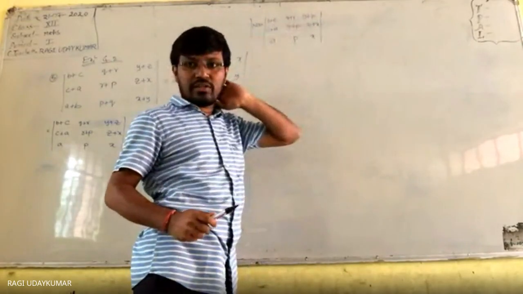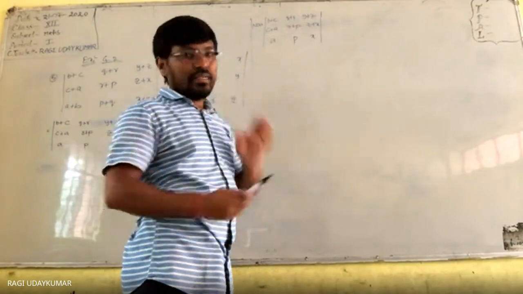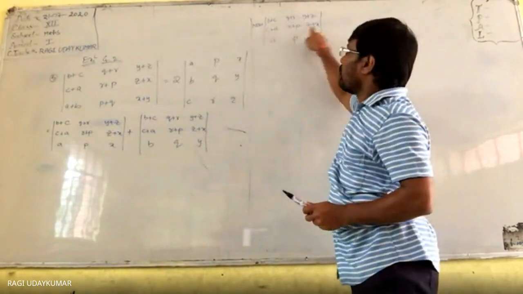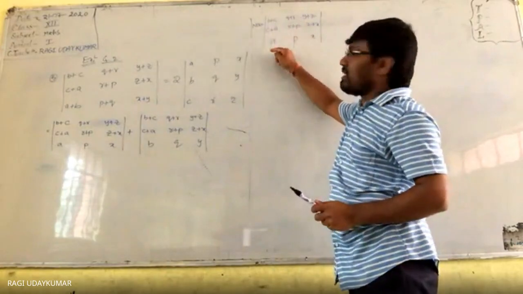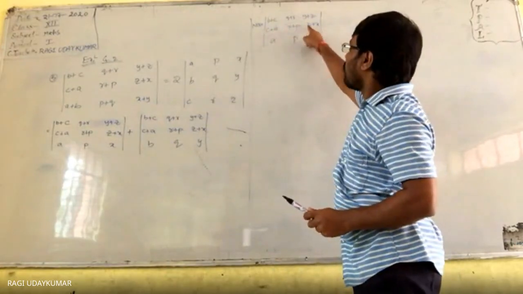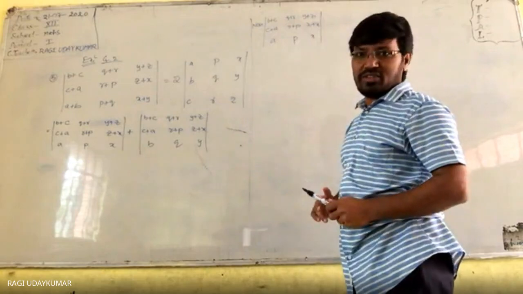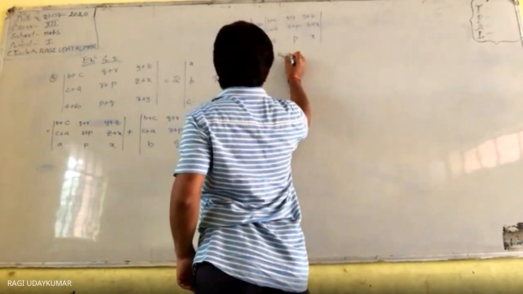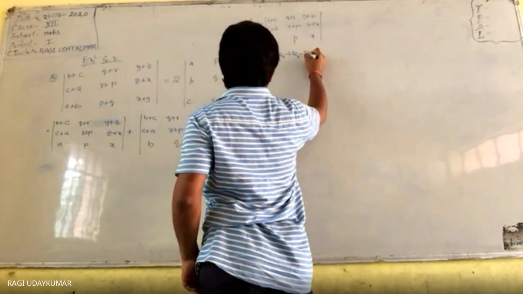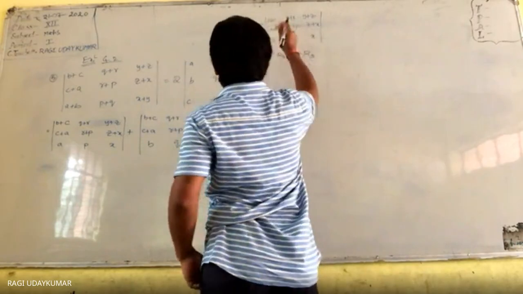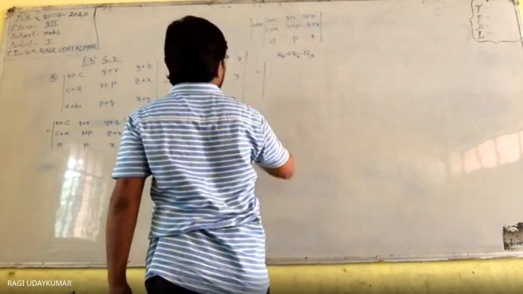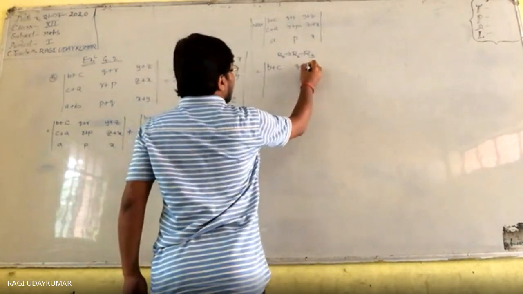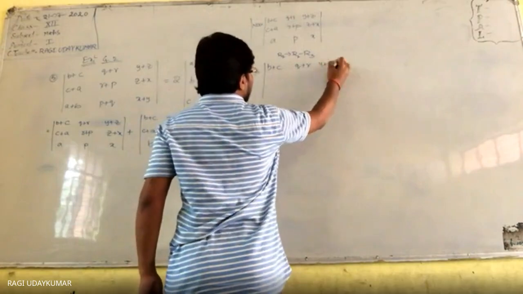R2 tends to R2 minus R3, either C, either R, or Z will remain. Subtracting A, what will I get here? B plus C is as it is, Q plus R is as it is, Y plus Z is as it is.